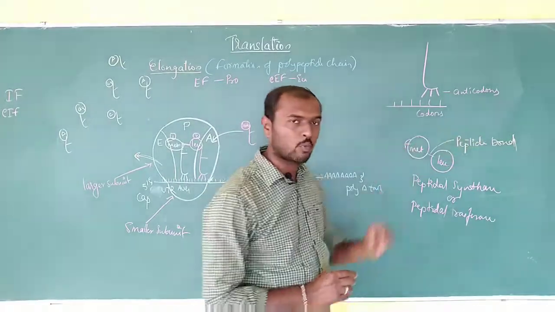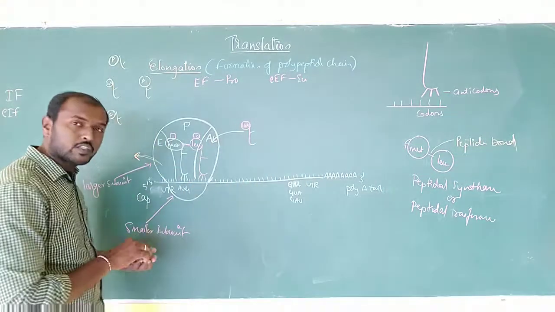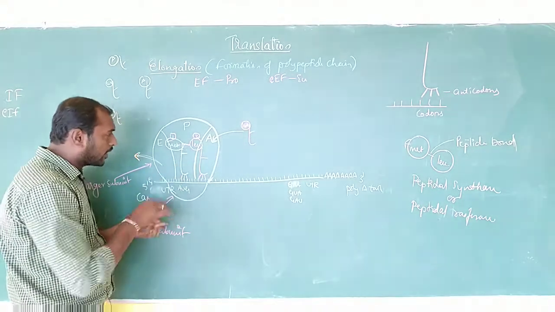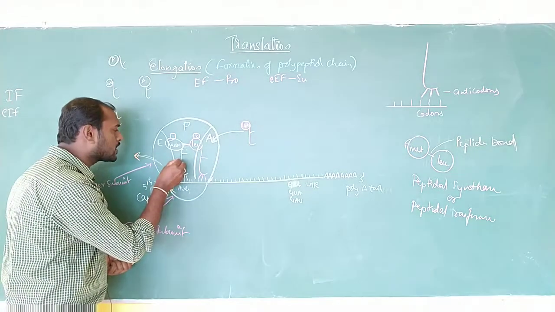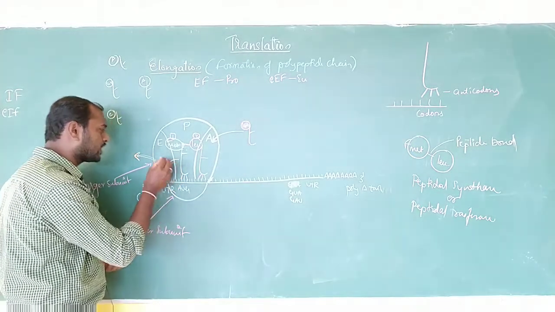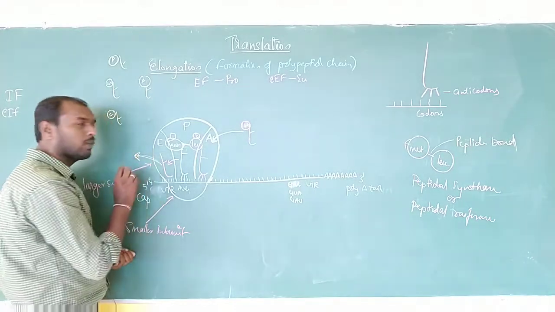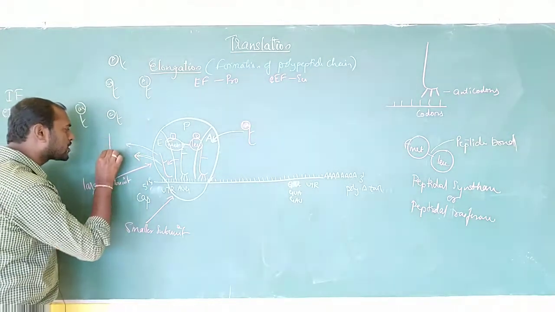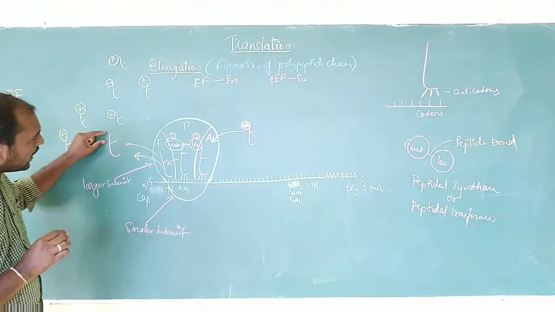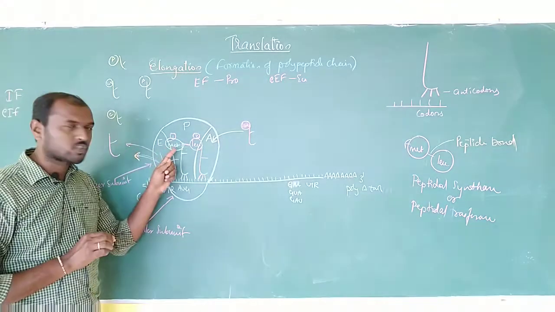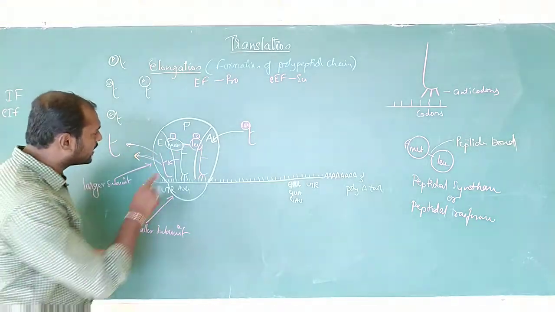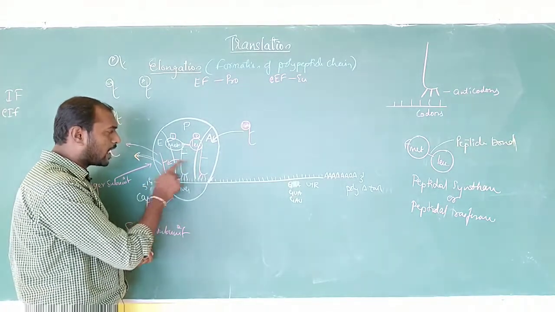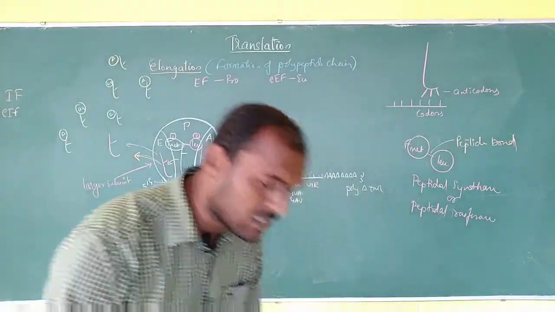It is going to form the peptide bond. And now the tRNA present in the P site is going to move to the next site, the T site. Coming to the T site, this tRNA is released by separating from its amino acid, and it is sent away, and now again the A site is free.